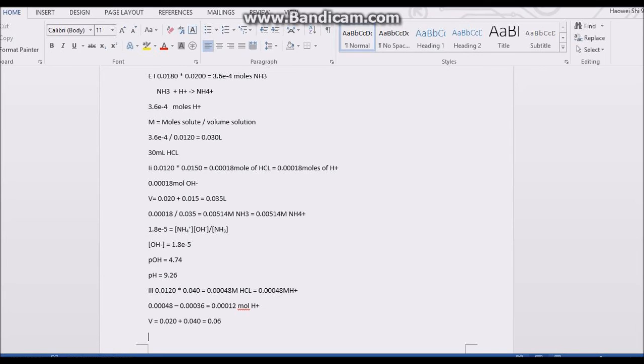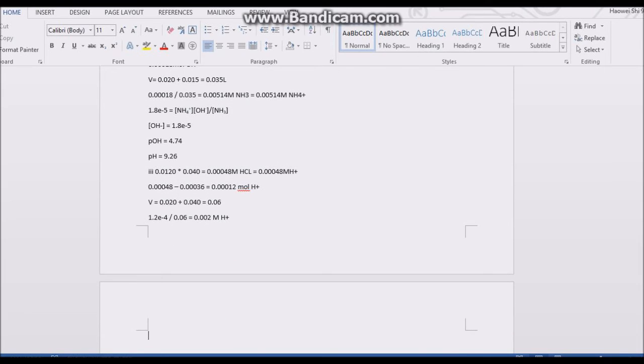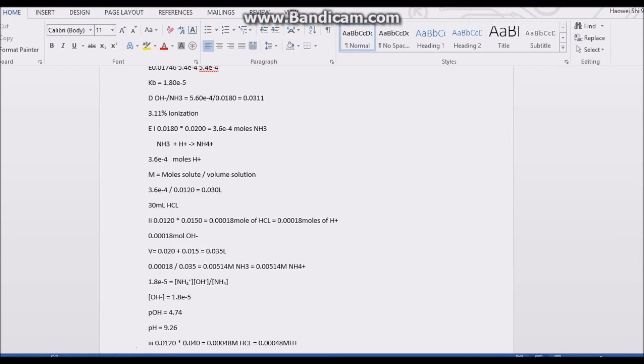So we find the concentration of the H plus, which is 1.2e-4 divided by 0.06 equals 0.002 molar H plus in the solution. To find the pH, just take the negative log of that number, which gives us a value of 2.70, which is a pretty low pH value for a solution.